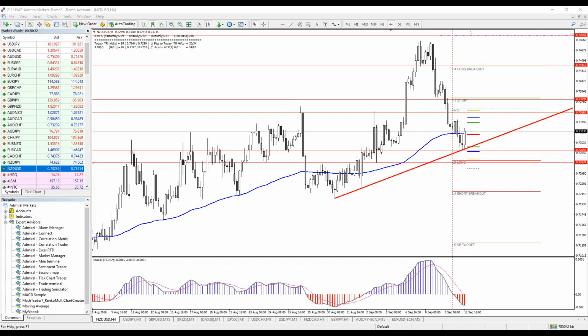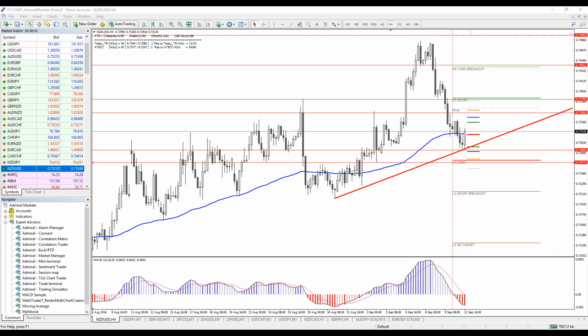Okay, so pay attention to 73.55 to 73.80. It could reject the price, so that could be a sell.